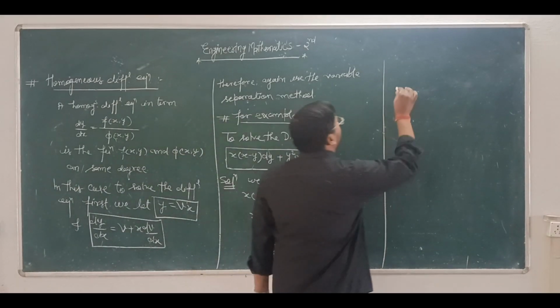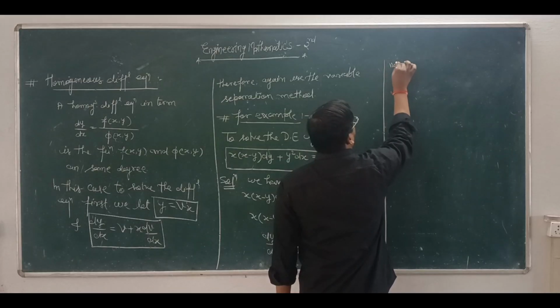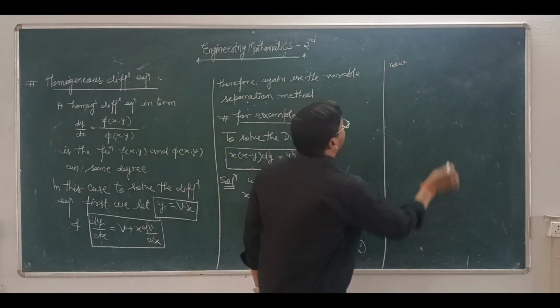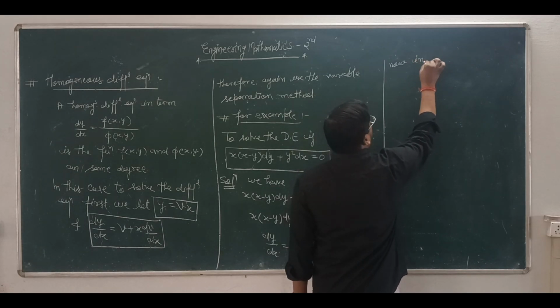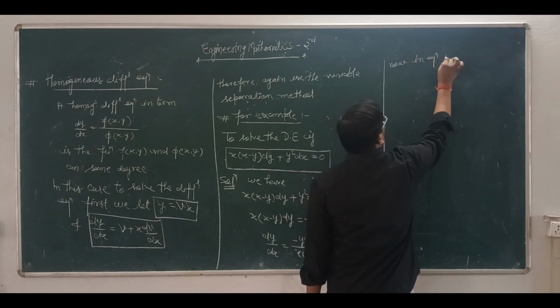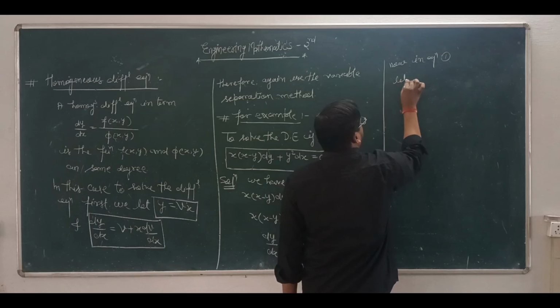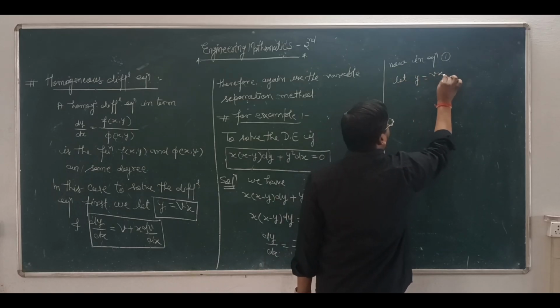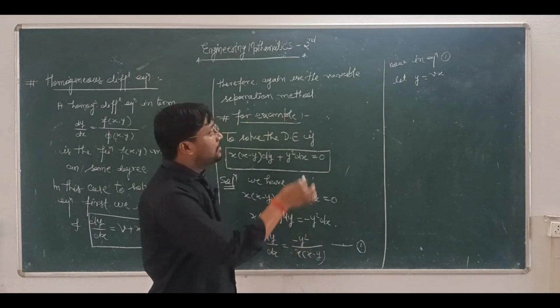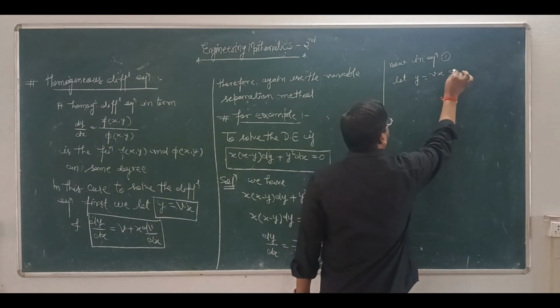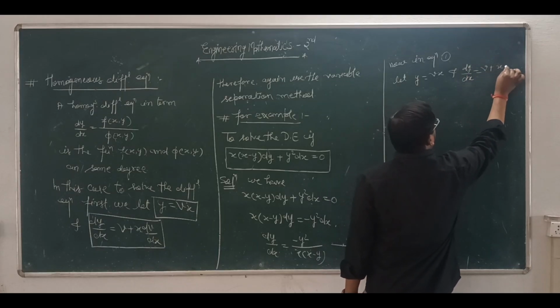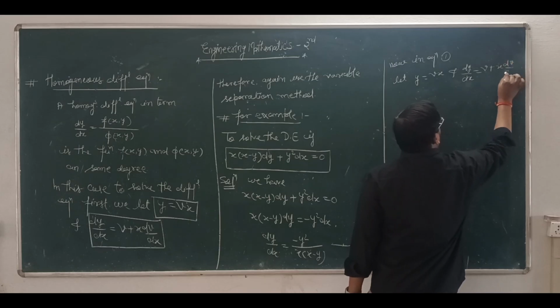Now this is equation number one. In equation one, let y is equal to vx, then dy by dx is equal to v plus x dv upon dx.